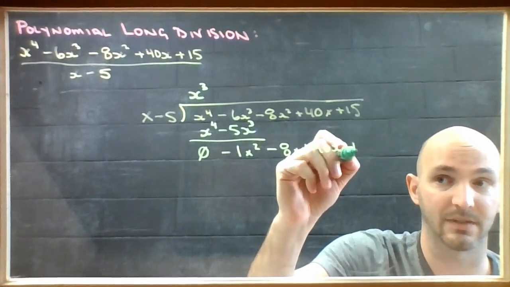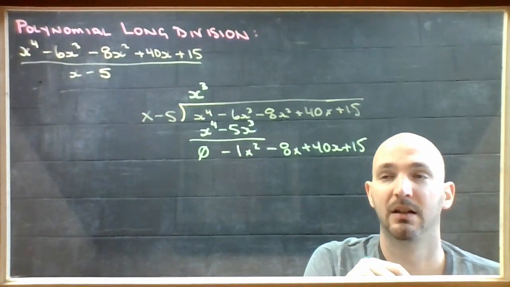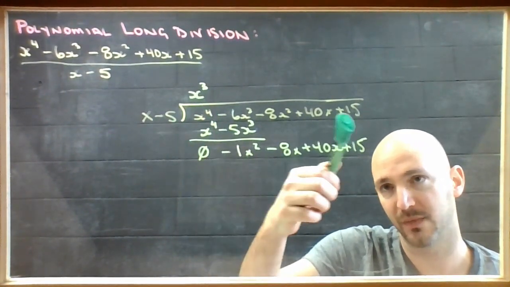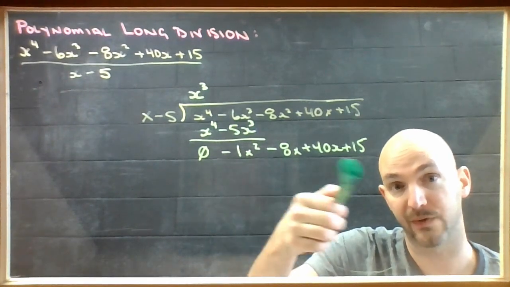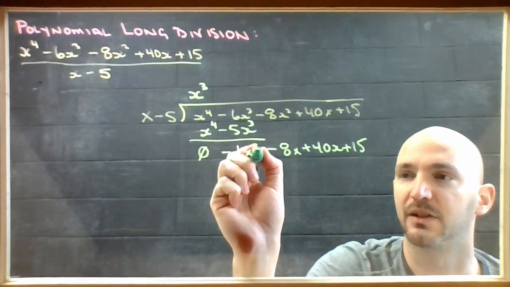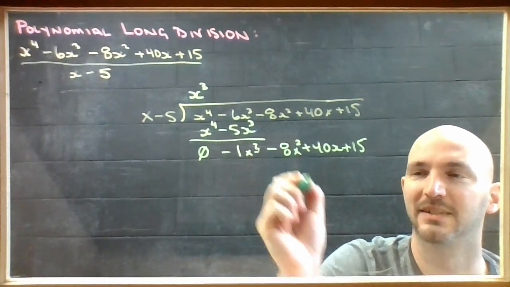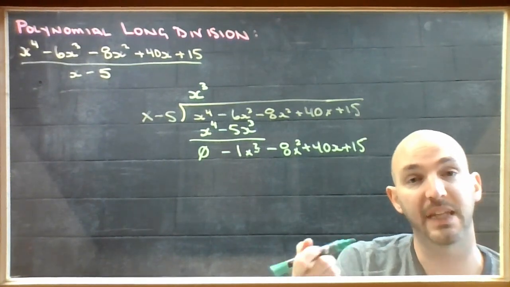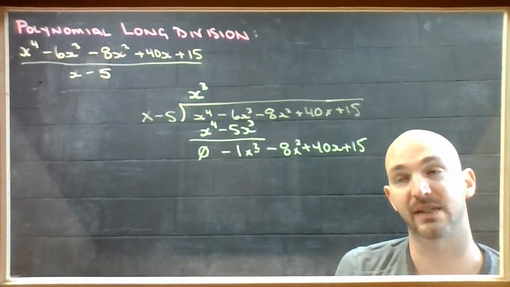And this is still left in the pile. So when I extract x cubed x minus 5s from this polynomial, this is what's left. Except that's a cube and that's a square. So now that I've done it once, I just have to repeat this process until I run out of stuff.